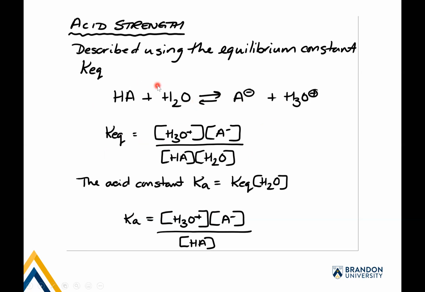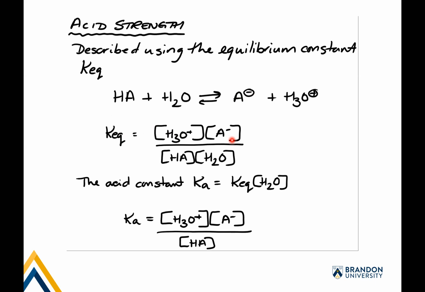Now, if we've got some generic acid, HA, and water, a lone pair is going to grab that H to make H3O plus, and we're going to have our conjugate base here, A minus. The equilibrium constant would look like this.